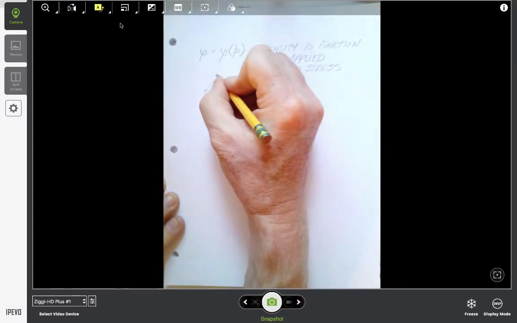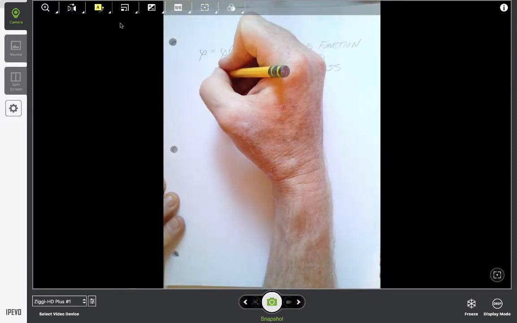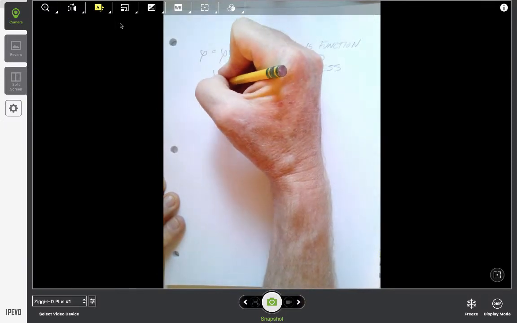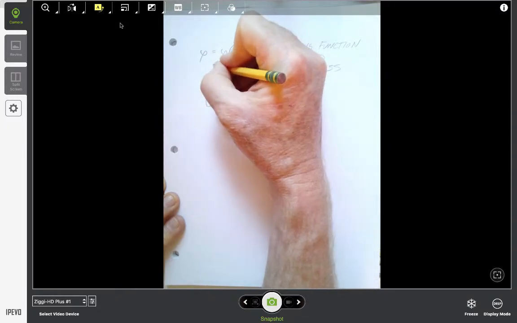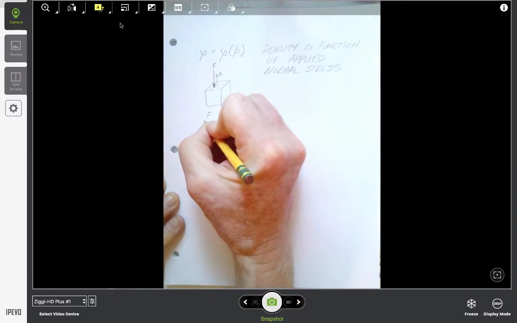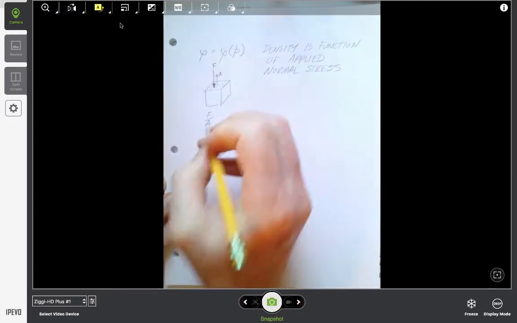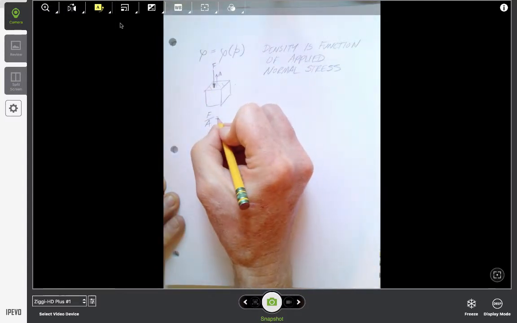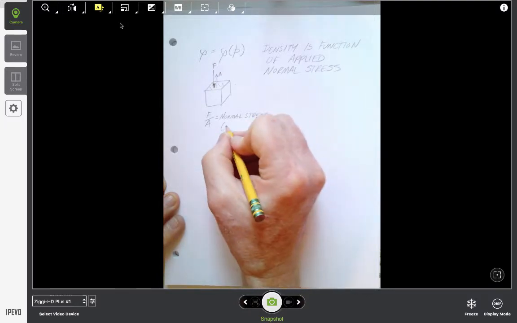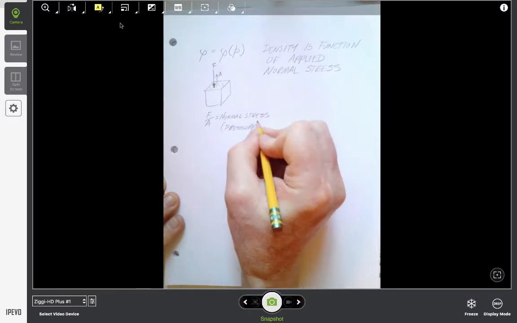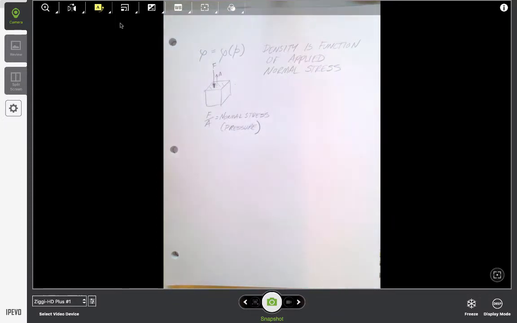There's my area, and we apply a force normal to the area. So this F over A in this drawing is the normal stress. And we routinely know this as pressure. We probably would call it normal stress, but Freddie Mercury couldn't make that fit really well into a song, so we stick with pressure.